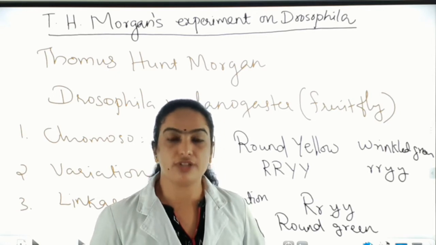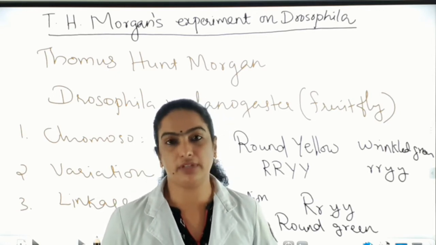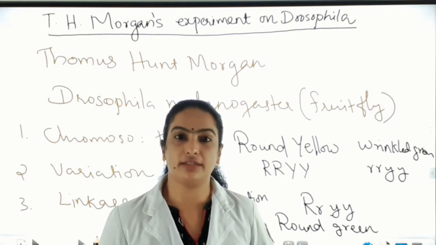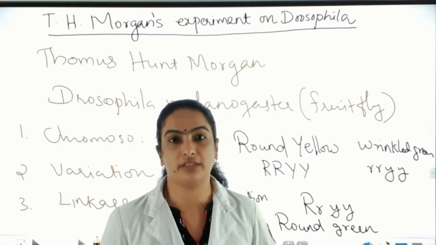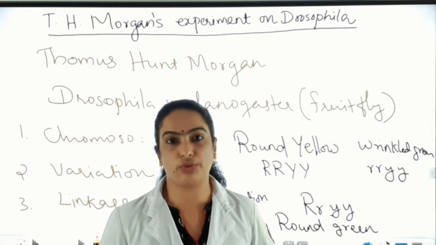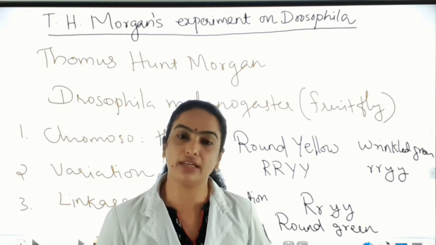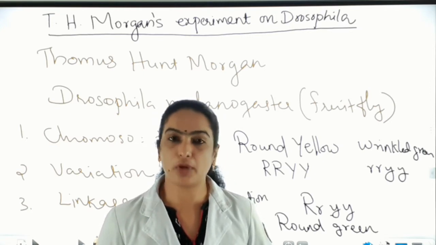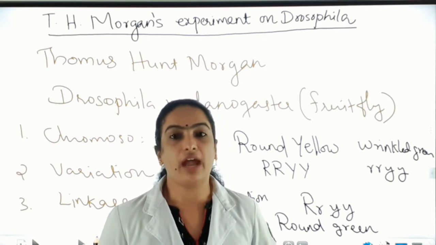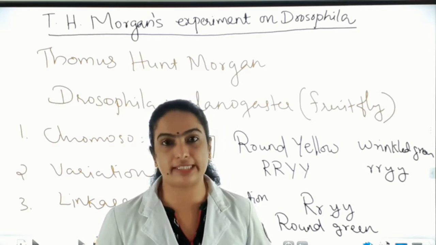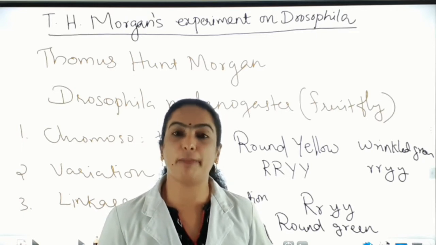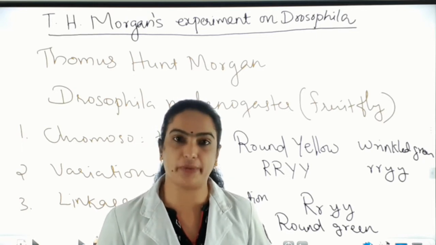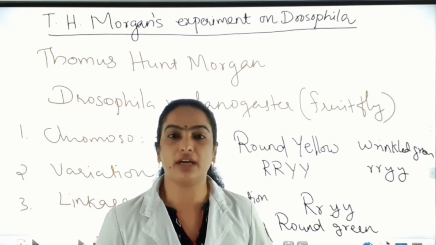Is it clear? So linkage is the phenomenon of certain genes staying together, or remaining linked in the next generation also, or during inheritance also. And that property is called linkage. And recombination means the genes which are reshuffled to form a new combination in the offspring, and that is called recombination.